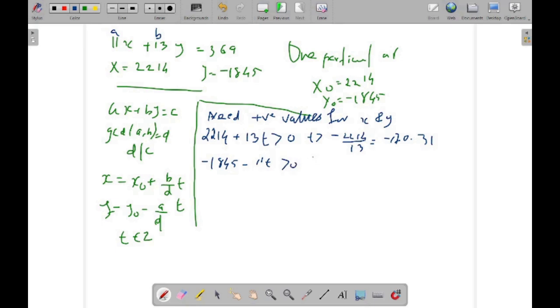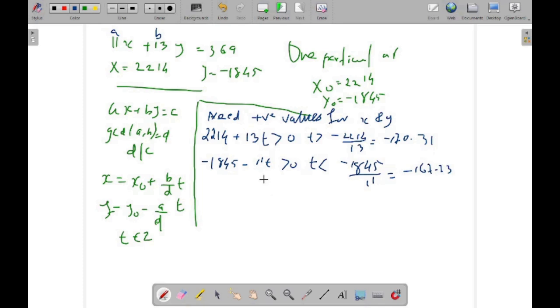For this, t should be less than minus 1845 divided by 11, which is equal to minus 167.73.